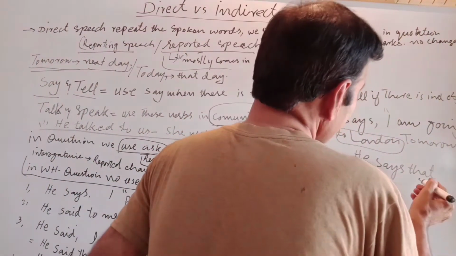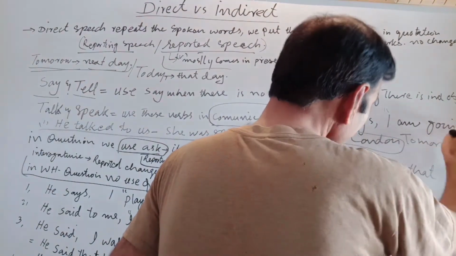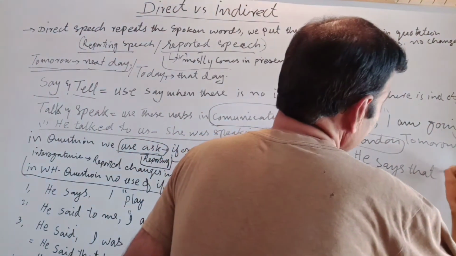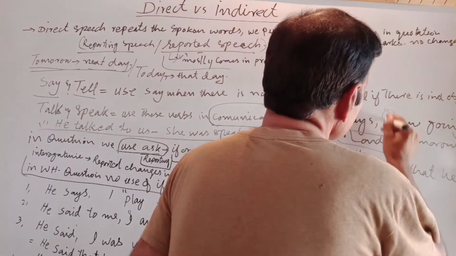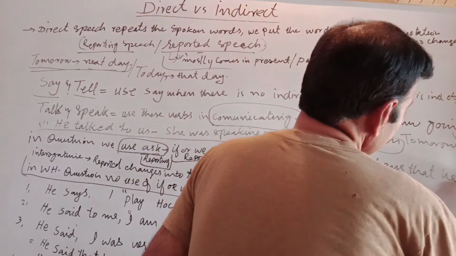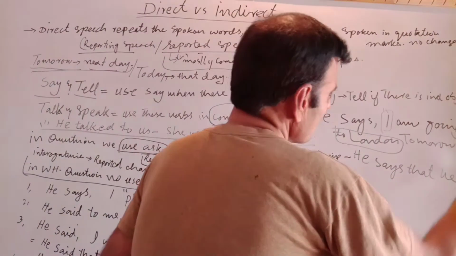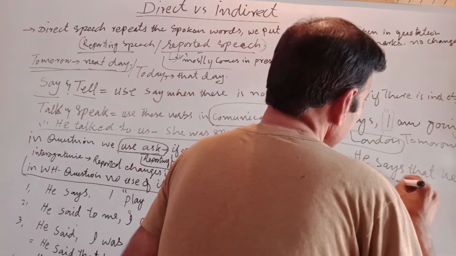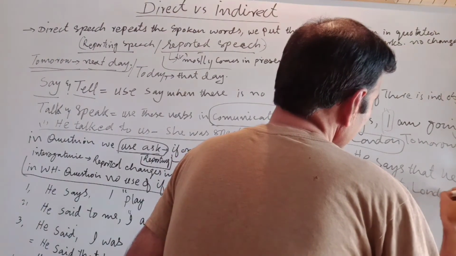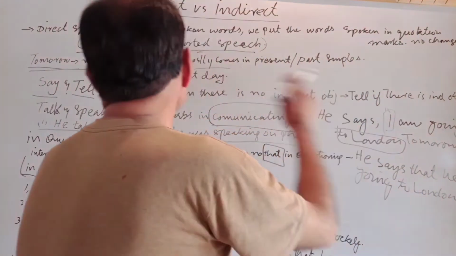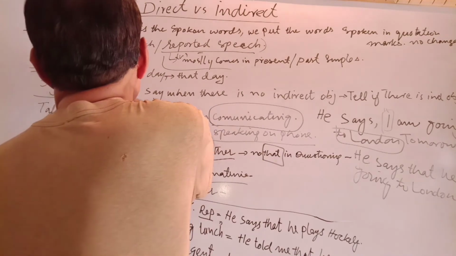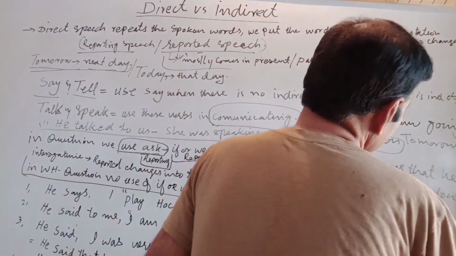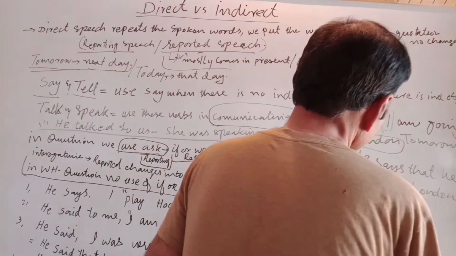Okay, he says that I am going to London tomorrow. I changes into he, am changes into was, going to London. Now, tomorrow changes into, like I told you here, next day. That he was going to London the next day.